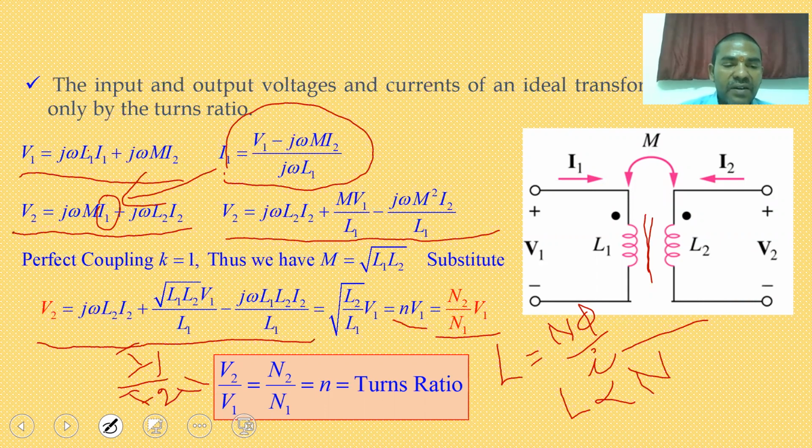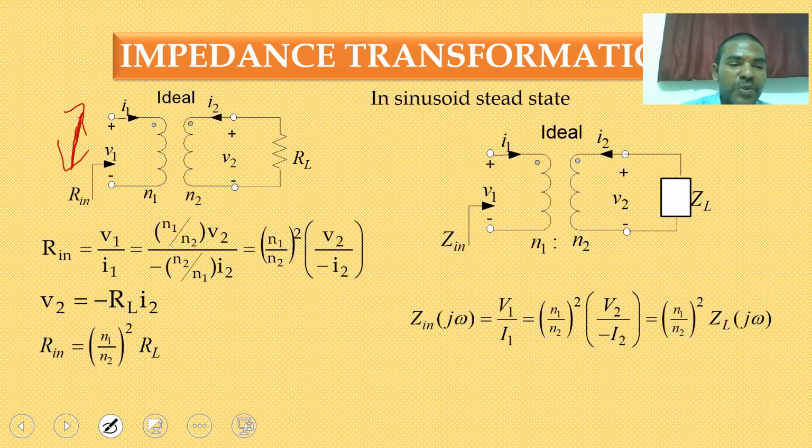Divided by the current, similarly the opposite value: minus N2 by N1 into I2, where I2 is moving with respect to the rising direction. That's why we represent the minus sign. Then finally you can get (N1 by N2) square into V2 by minus I2.